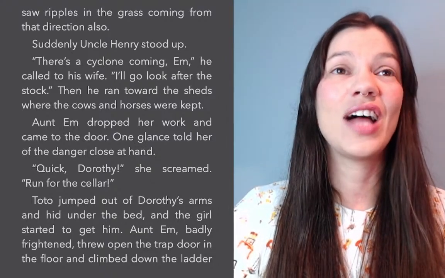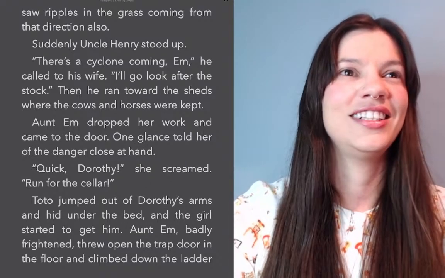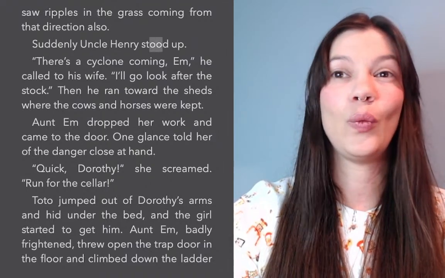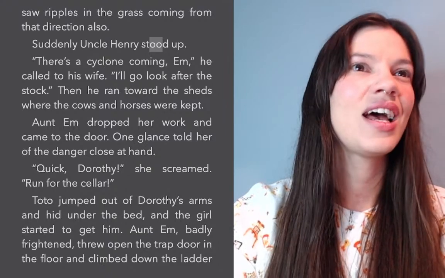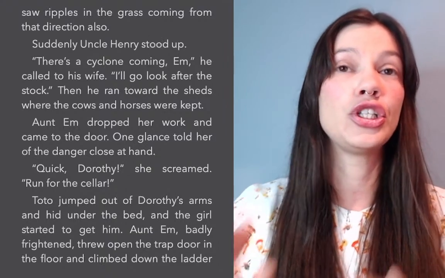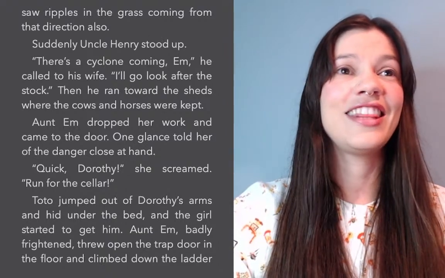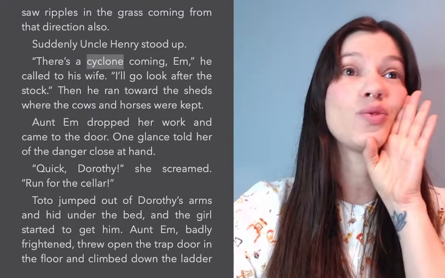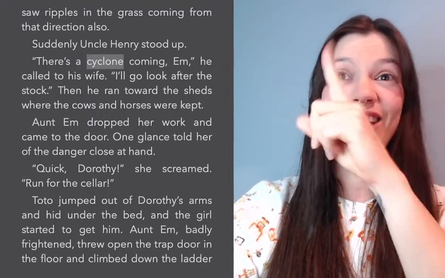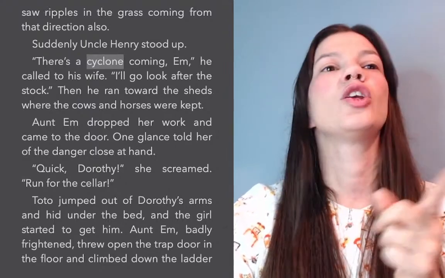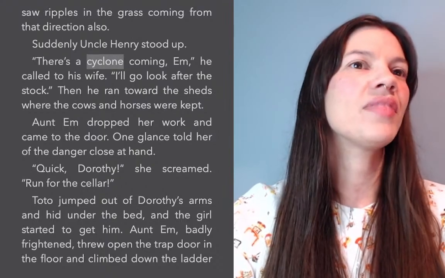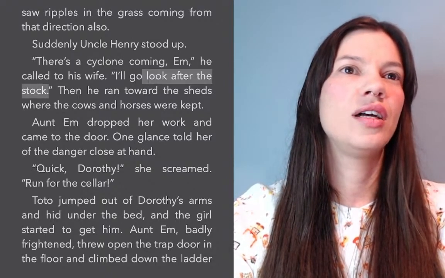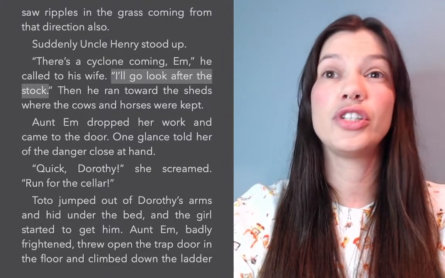Suddenly, Uncle Henry stood up. This double O, stood, like wood and good. "There's a cyclone coming, Em," he called to his wife. So remember, cyclone is a tornado or twister. "I'll go look after the stock."